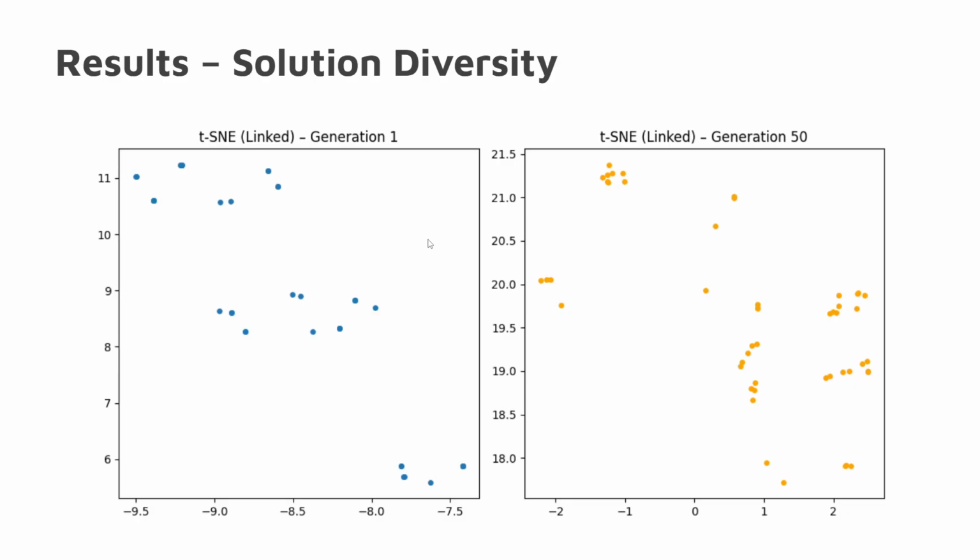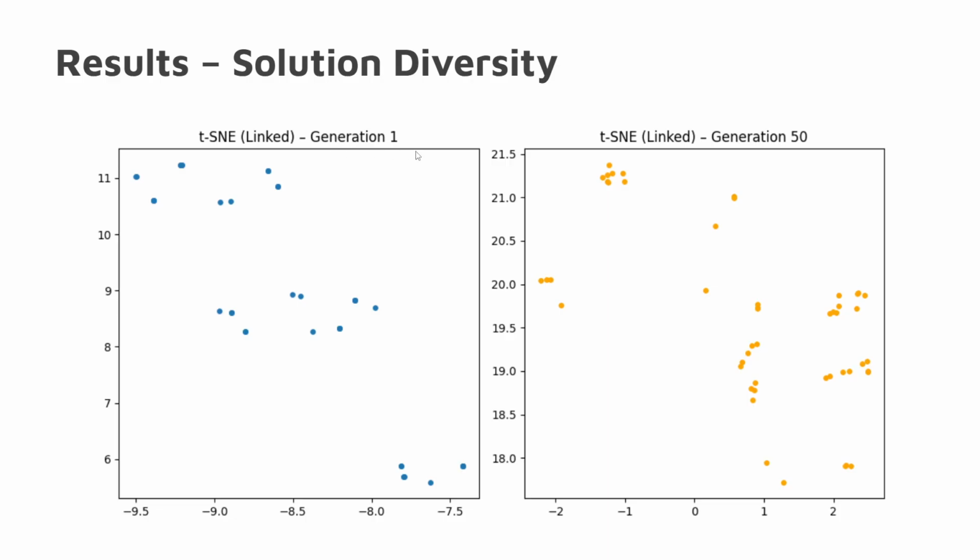This plot is sort of a way to calculate or visualize the diversity of solutions. It uses t-SNE, which takes the whole configuration of a solution and reduces it to 2 dimensions using latent factors. And this is linked t-SNE, which sort of makes these not independent. It's temporally linked.